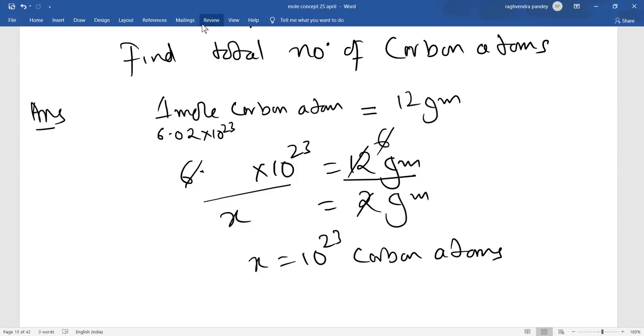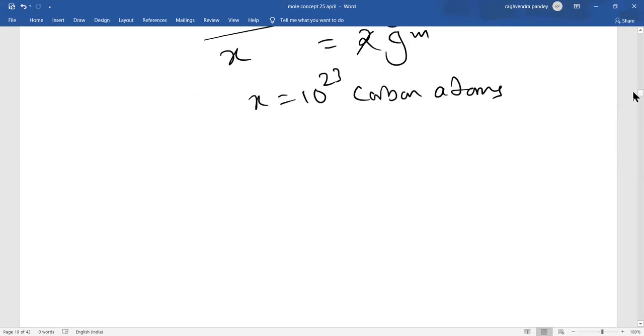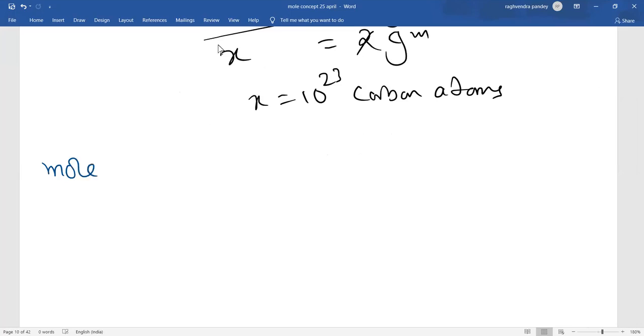So understood this one? Just have a relationship, or for your convenience, I'm just giving you the formulas. I generally don't want to give formulas because I hate them, because we forget the formulas in the time of exam.